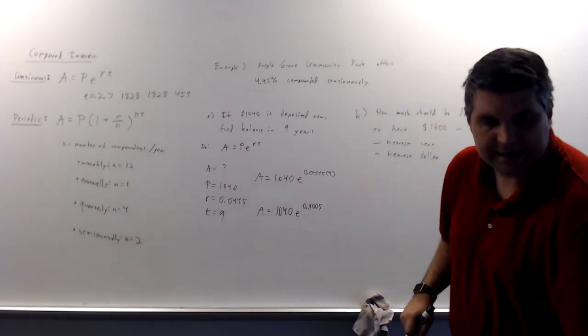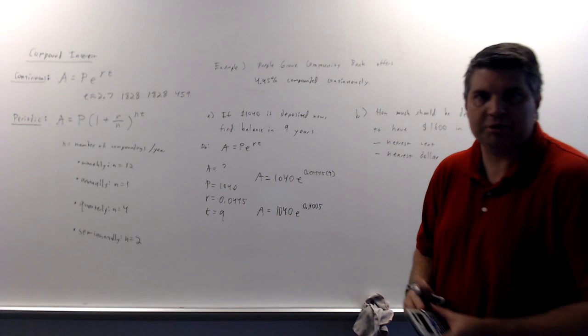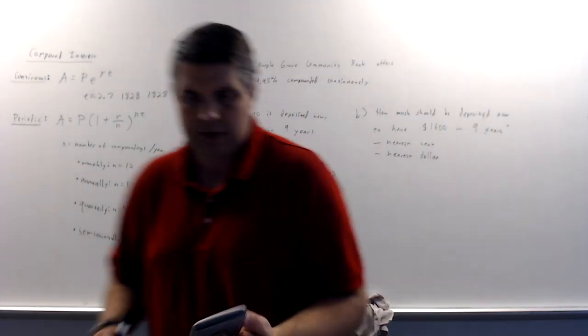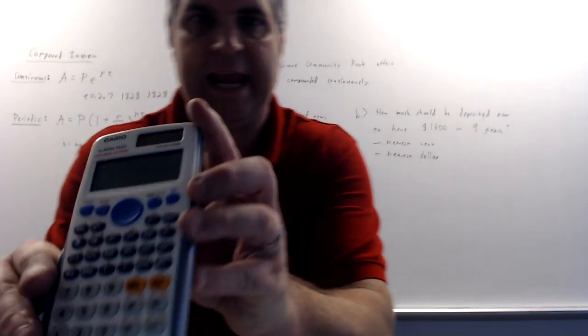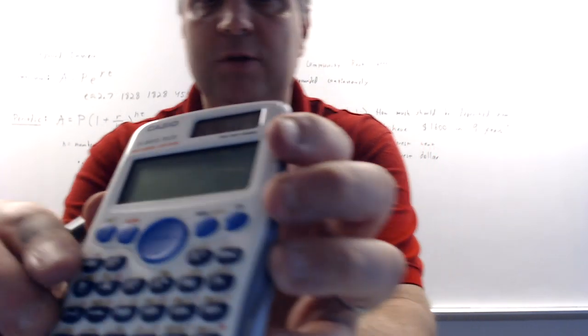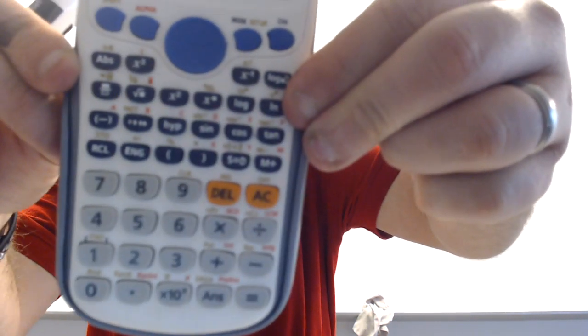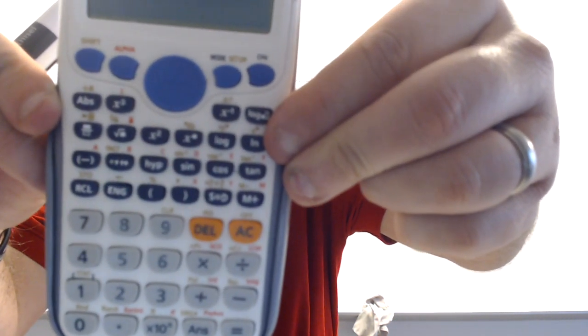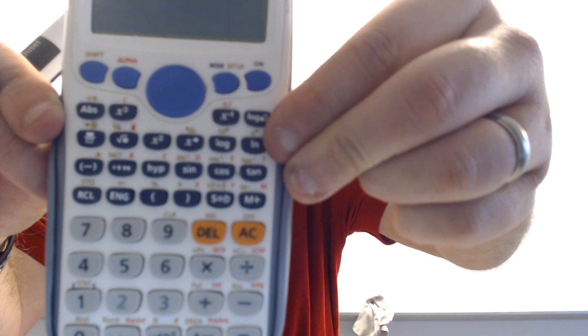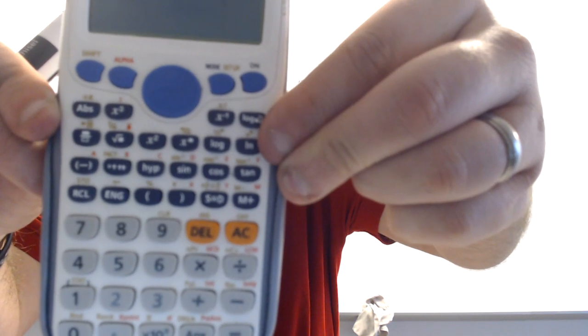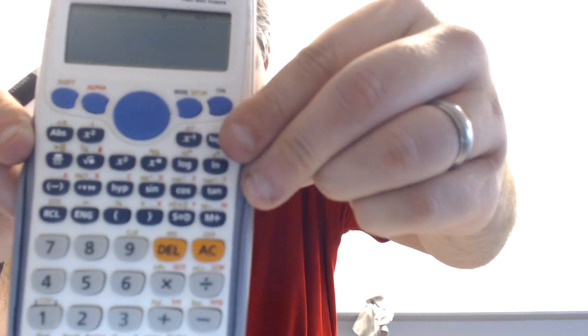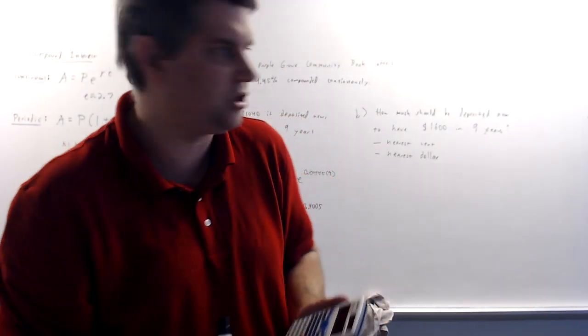Okay. Now, on my calculator, which is a Casio, you will typically see an LN button. On my calculator, it's right there. Some calculators, it may look like a capital I, but it's actually LN. Okay? Right above that LN, you will see e to a power. Now, I can't get this thing to focus. But above, you should be able to find e to a power if you hit shift or second.